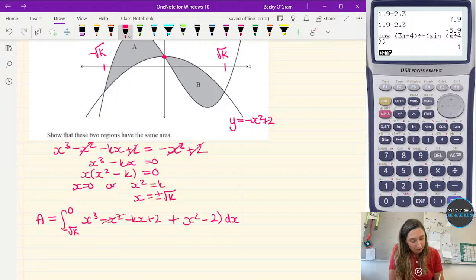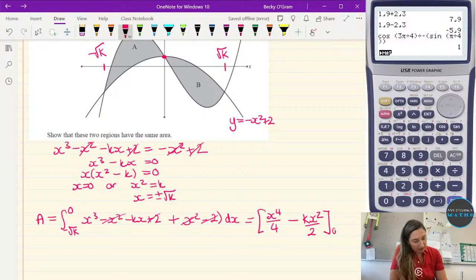So those two cancel. And if we integrate x cubed, we get x to the 4 over 4. If we integrate minus kx, we get minus kx squared over 2. And we're subbing in the values of minus root k and 0.